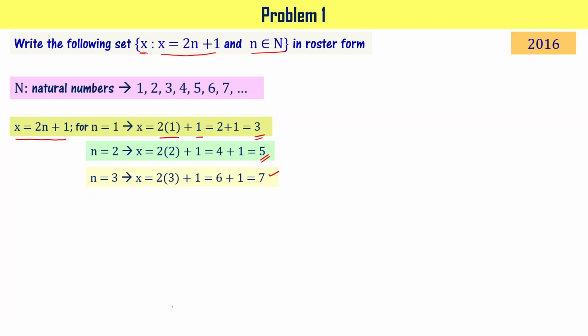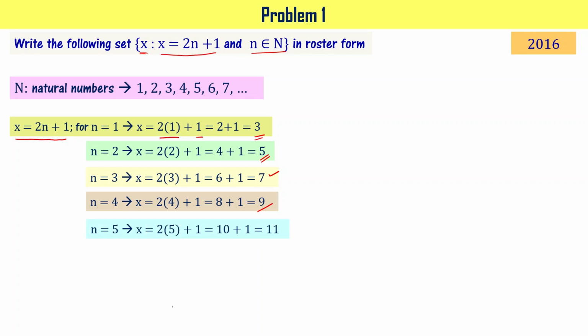Let's see for n equal to 4, this is x equal to 2 times 4 plus 1, that is 8 plus 1, that is equal to 9. It means 9 is another element of the given set. For n equal to 5, it is 11. For n equal to 6, x is 13.